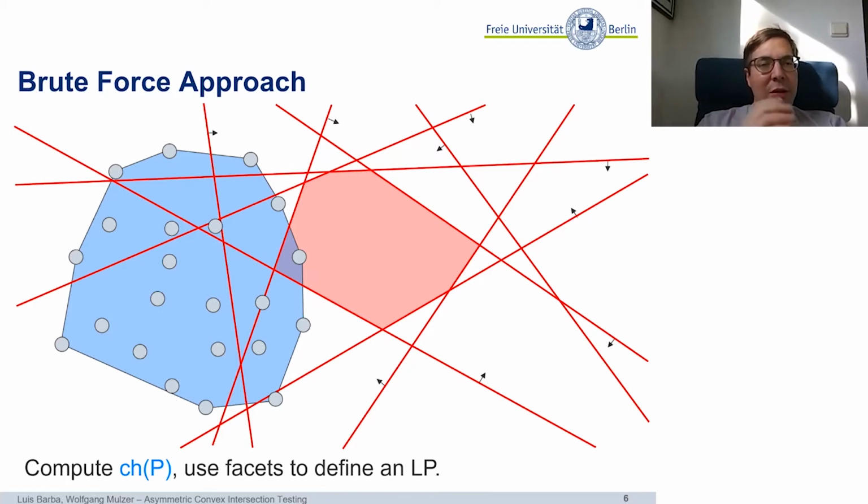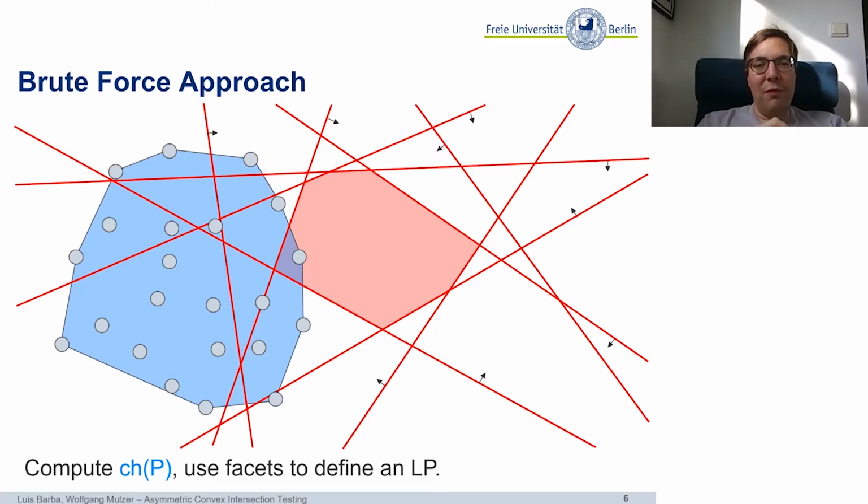If we want to know whether the two polytopes intersect, I can just convert one polytope into the representation of the other polytope. Let's say I just want to represent the convex hull of P as an H polytope. That just means I need to compute all the facets of this polytope, and I can do this, for example, using an algorithm of my advisor Bernard Chazelle.